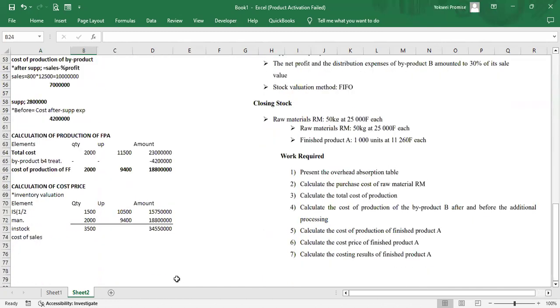So our sales here will be 2,500. And then for us to sell this, we have to first sell 1,500 units at this price, and then the remaining ones will be sold at this price, since we are using the FIFO method of inventory valuation. So we'll say 1,500 units at that price.